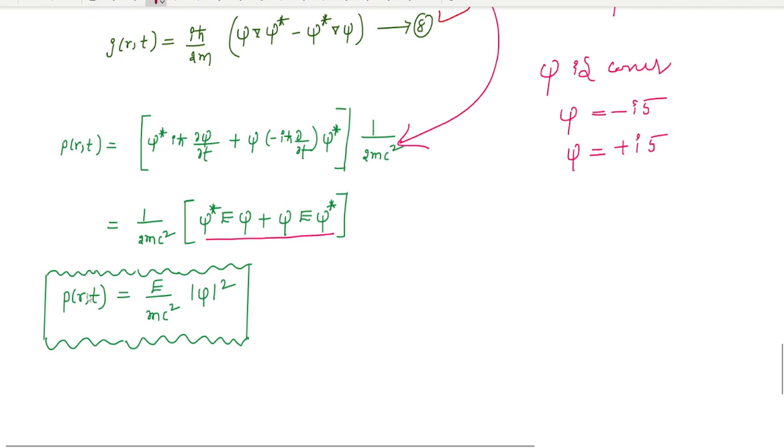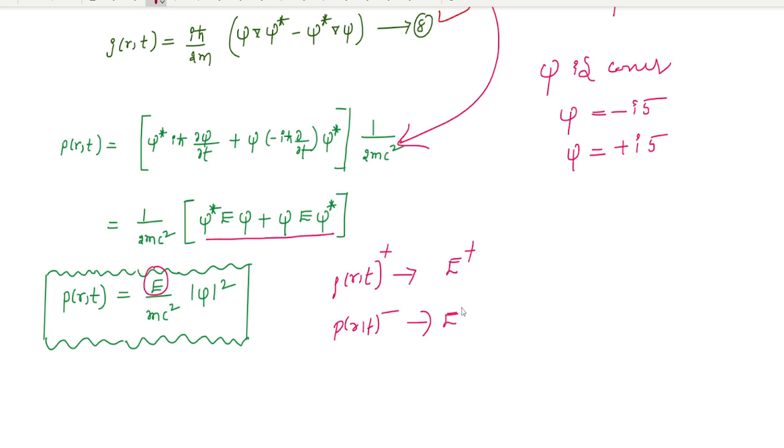where this P(r,t) is positive when E is positive, and negative when E is negative. If the probability is positive, then E is positive only. If the probability is negative, then the energy is also negative only.